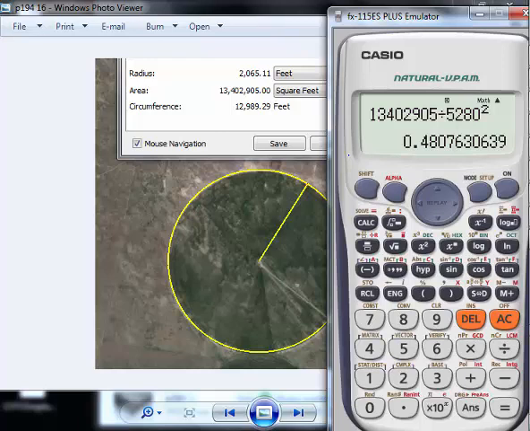Yes, it was number 10 on page 190. And it says that an acre is 43,560 square feet. So if we take 13,402,905 divided by 43,560, we get about 307 acres.